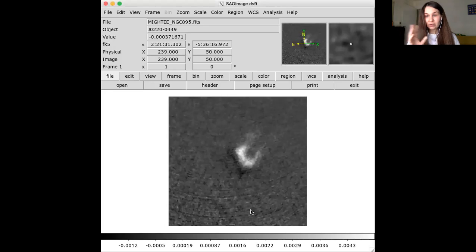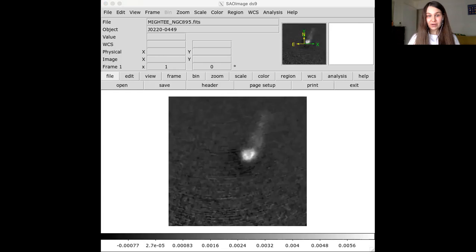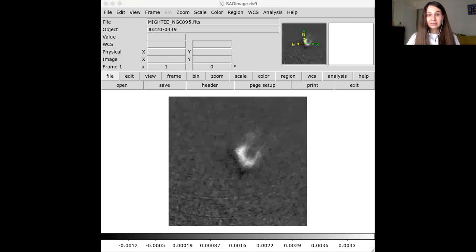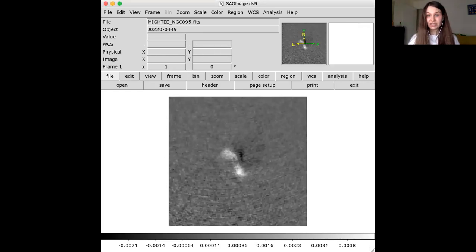For our tutorial, I selected this region at the bottom right as the emission-free region for every channel. First we calculate the RMS, as a standard deviation of this region, in every channel. And then we take a mean of this value. So we will have an RMS per channel, and then we take a mean.